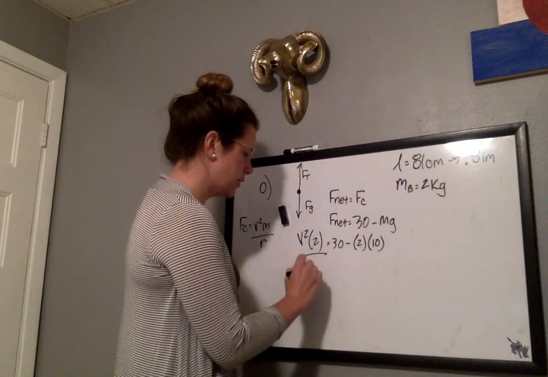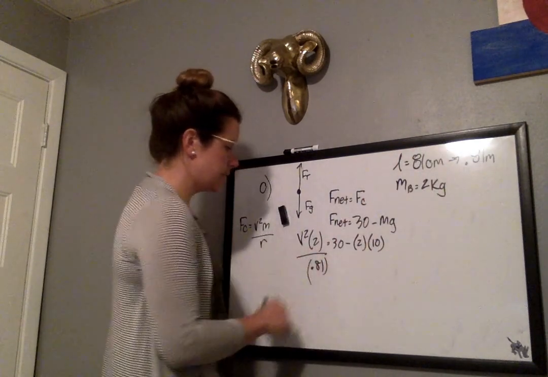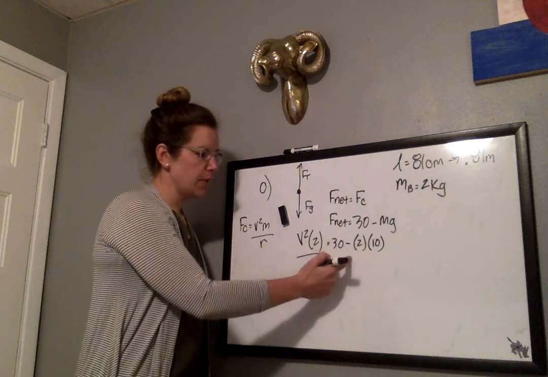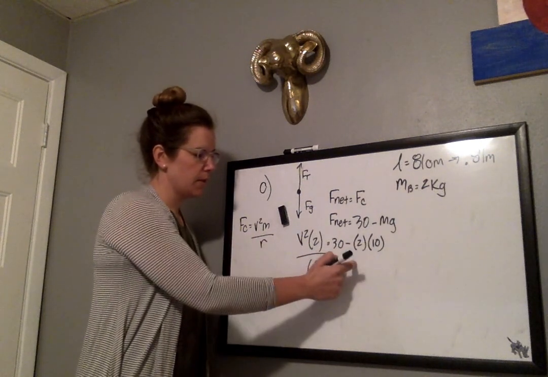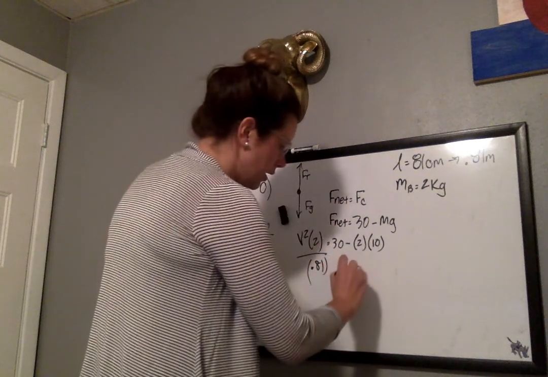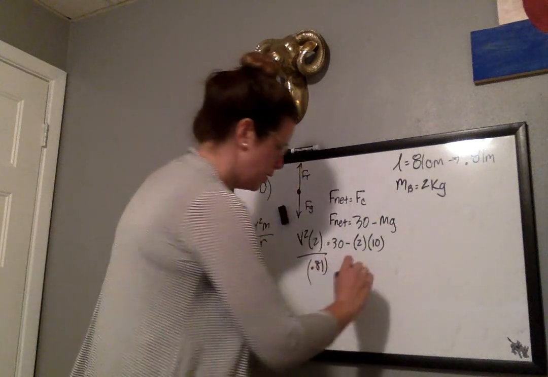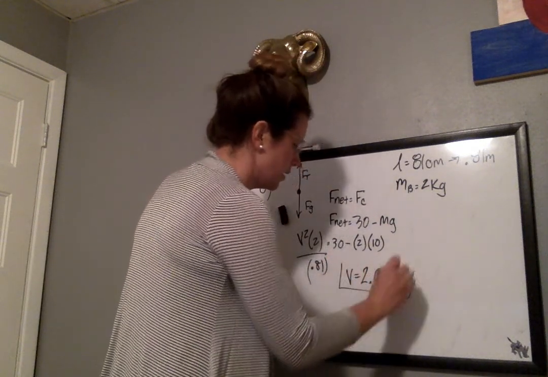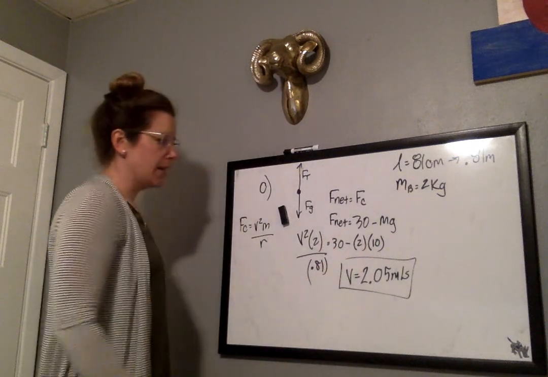Radius, it's still the same, the string did not increase or decrease. Solving for v, 30 minus 20, 10 times 0.81, 8.1 divided by 2, 4-ish. Take the square root, and you get 2.05 meters per second. Cool. Box that.